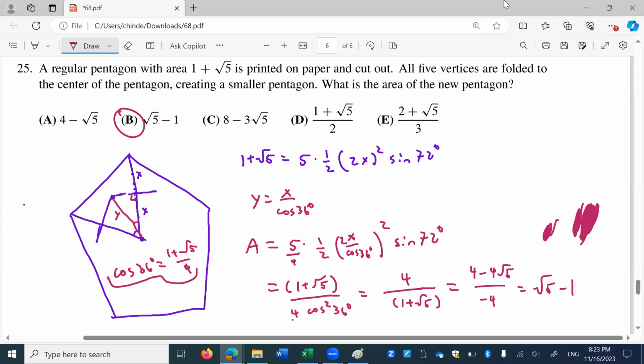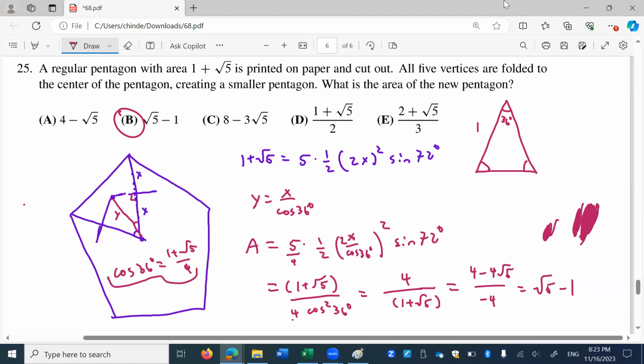Now, 36 is not a normal special angle, but if you want to calculate the cosine of 36, one way to do it is to start with an isosceles triangle that has 36 degrees on one vertex and 72, 72 on the other.